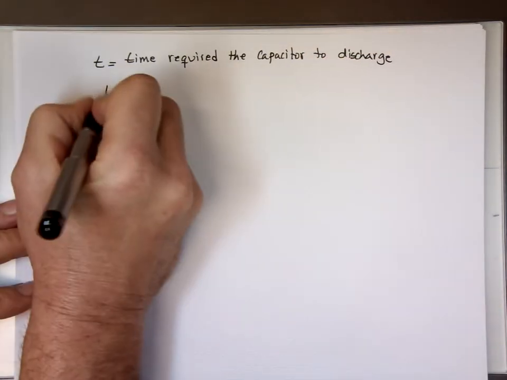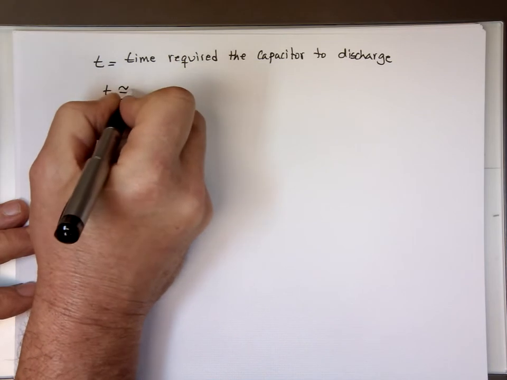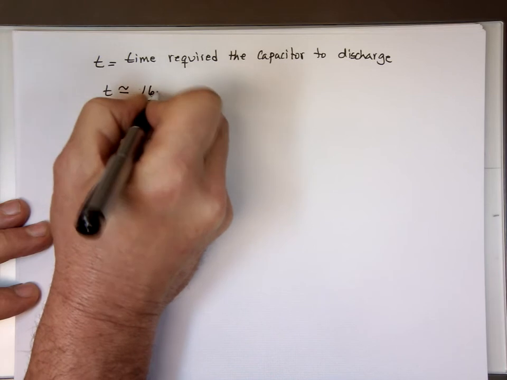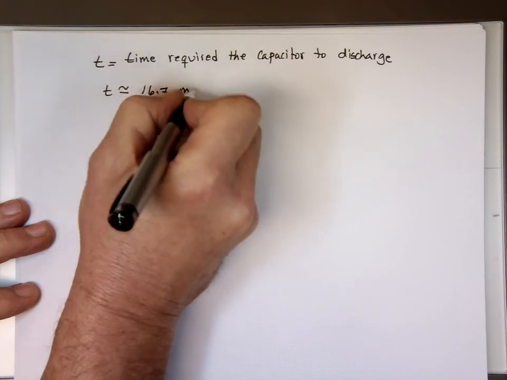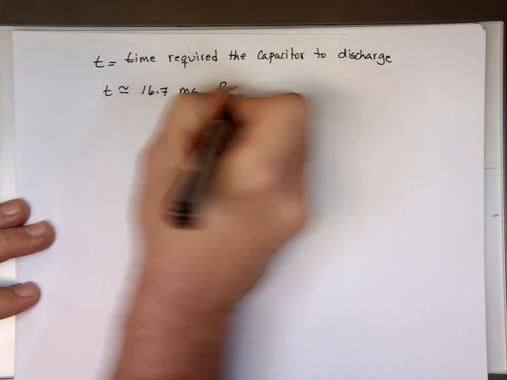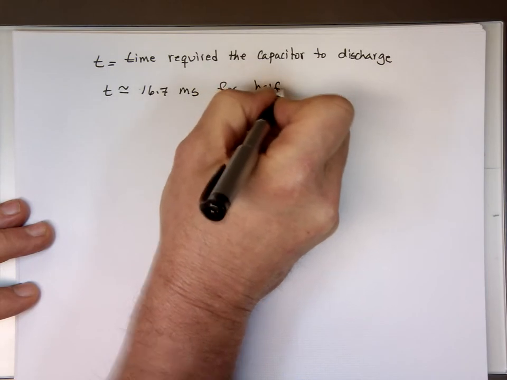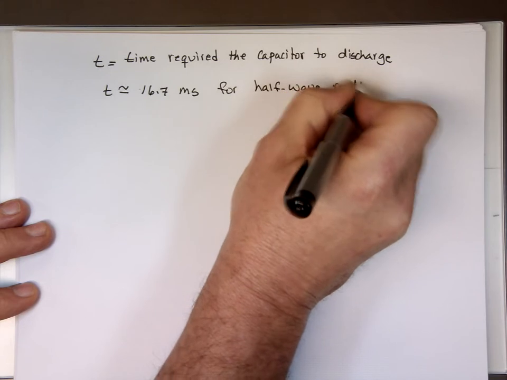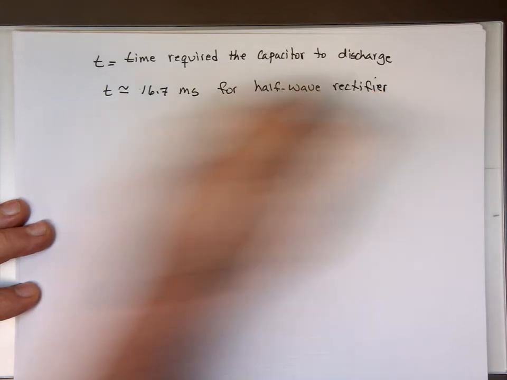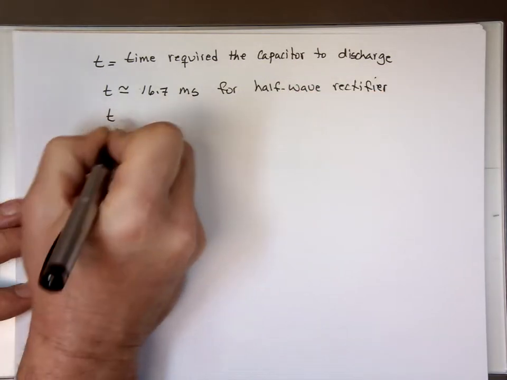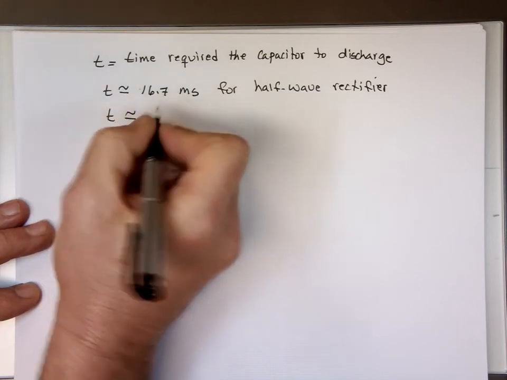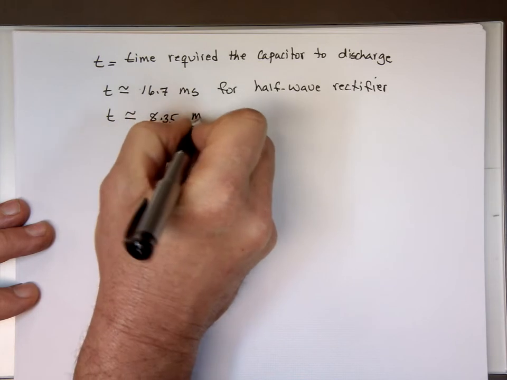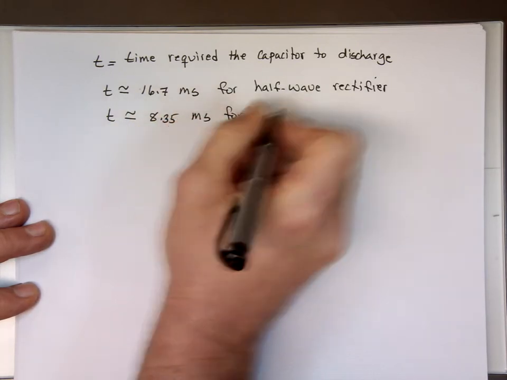Usually T is approximately around 16.7 milliseconds for a half wave rectifier, and if it's a full wave rectifier, T is approximately half of that number, which is about 8.35 milliseconds for a full wave rectifier.